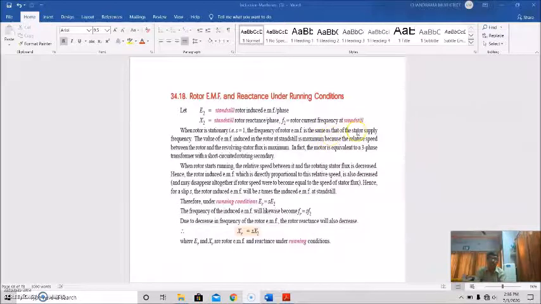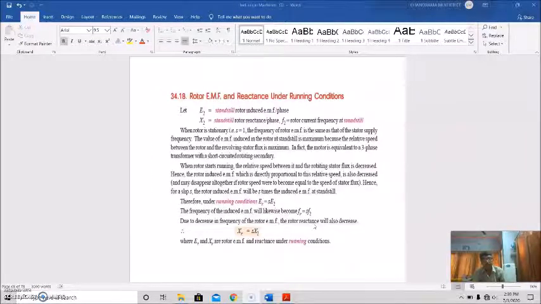Under running conditions, the induced EMF in the rotor is the slip times the induced EMF at standstill, and the rotor EMF frequency at slip s will be sf2. Due to the decrease in frequency of the rotor EMF, the rotor reactance will also decrease, so XR equals sX2.